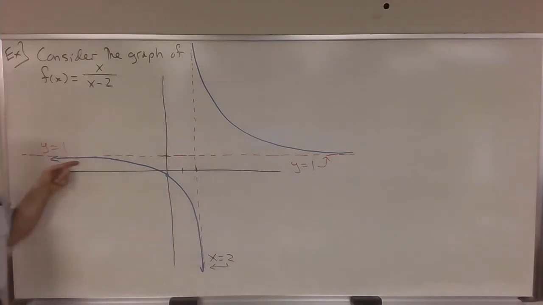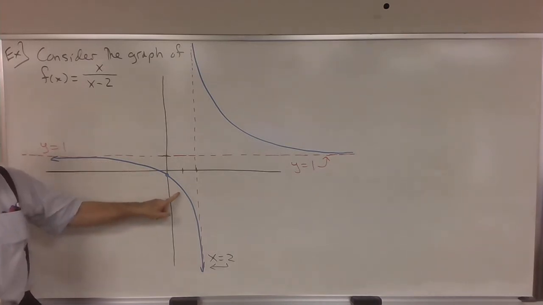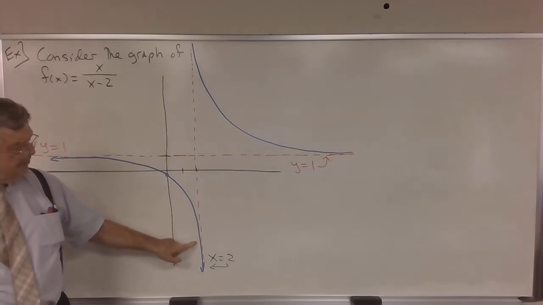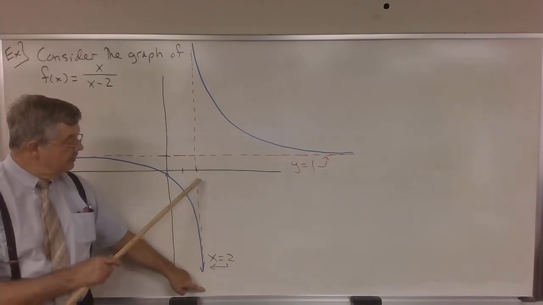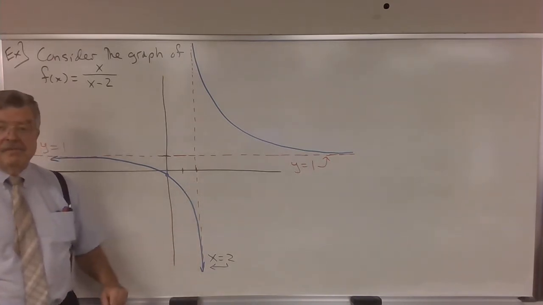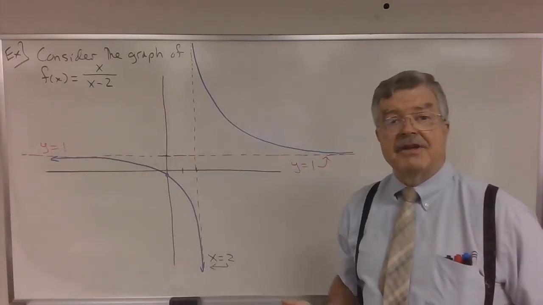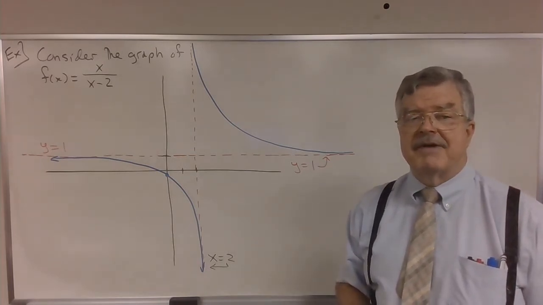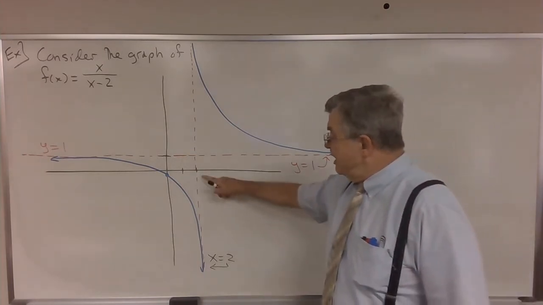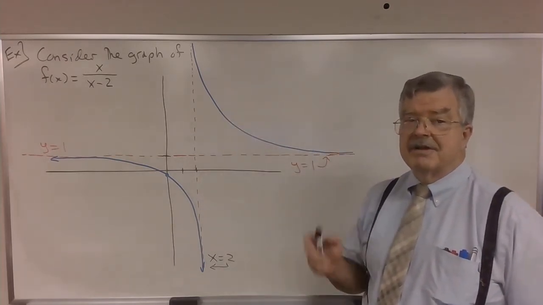If I move along this part of the graph in this direction, again, the graph of the function is going to get closer and closer to this vertical line x equals 2. So the line x equals 2 must be an asymptote of the graph of f of x. And since the line x equals 2 is a vertical line, we call it a vertical asymptote.